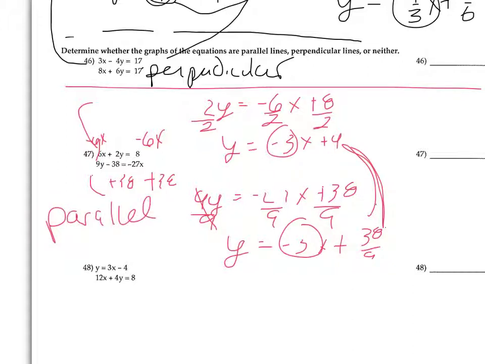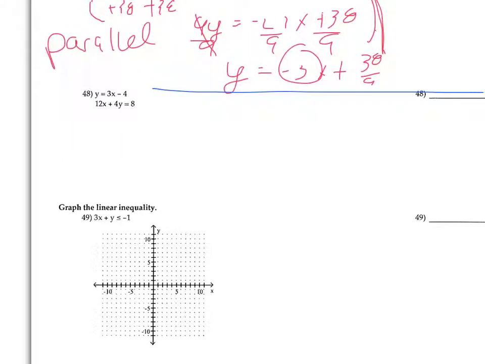Okay, so this next one here, same thing, we want to solve these or isolate the y. First one, we have y already isolated, so the slope of that line is 3. This next one, if we subtract 12x from both sides, we get cancellation here, so we get 4y equals negative 12x plus 8.